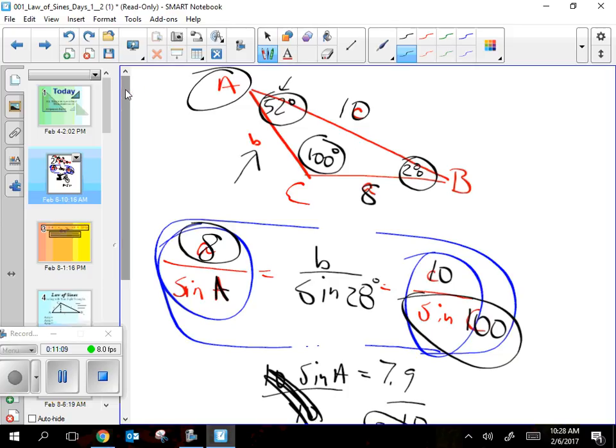So hopefully you're doing sine of 100 times B. Actually, that's little b. Equals 10 times sine 28.